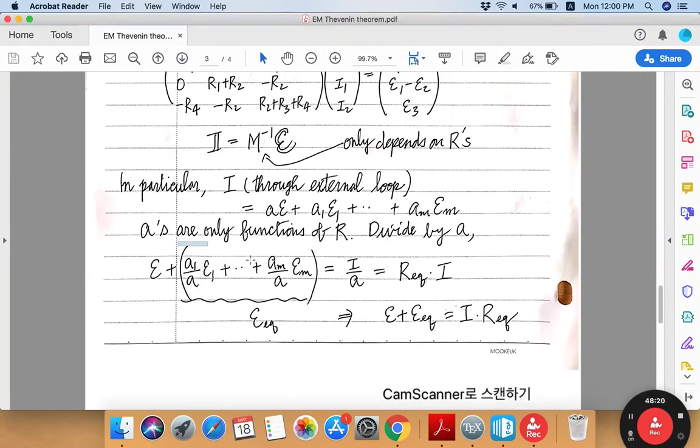And here's everything else, right? We don't know what this is, but we can just call it epsilon equivalent. And that equals I over A, but this inverse of A I'm going to call R equivalent, so that the final equation takes this simple form.